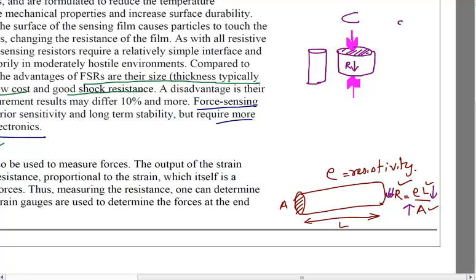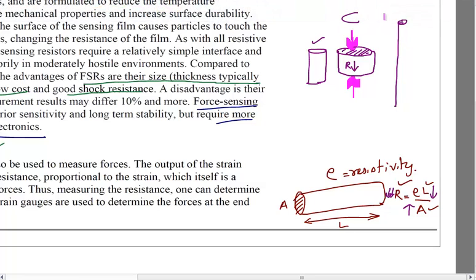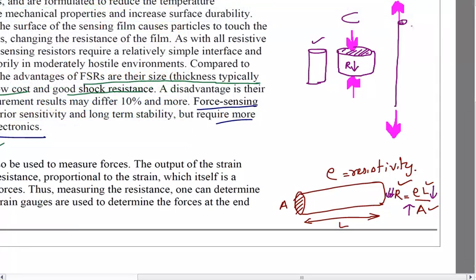Whereas if I am going to elongate this same material, if I am applying a force, this time not of compression, but suppose a force of expansion, that means I am going to pull from either side, I will have a material extending in length and reducing in cross-sectional area. So the length will increase. Okay.